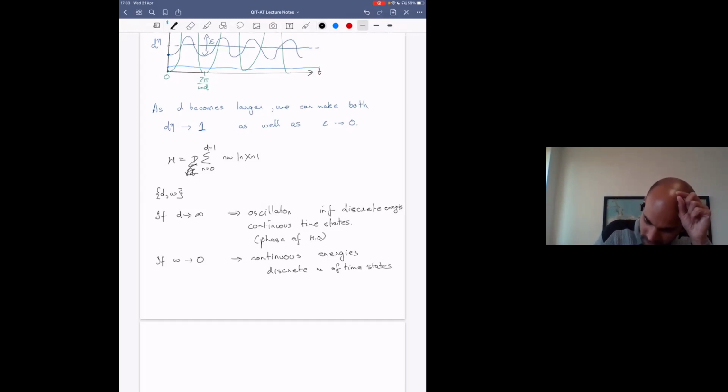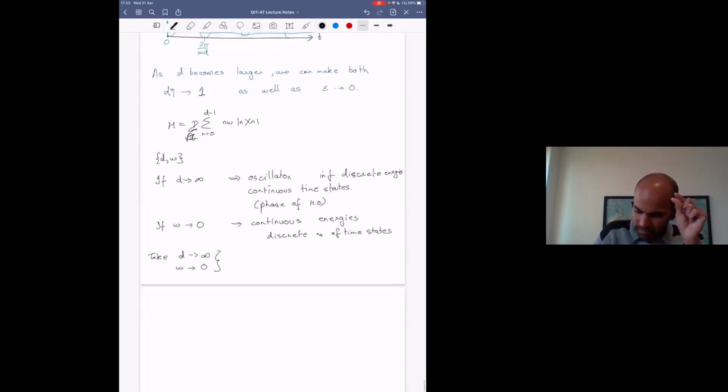The interesting part is to take D to infinity and omega going to 0 in such a way that the gap between the time states also decreases. Off the top of my mind, I'm not exactly sure, I think omega D also must go to infinity. I'm sorry, I will confirm this for the last lecture.